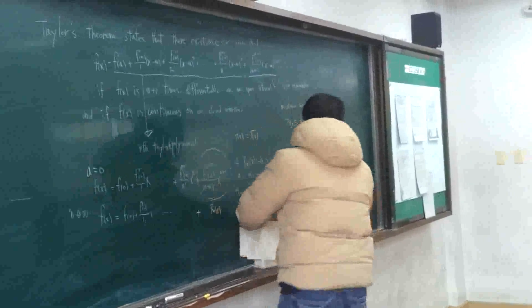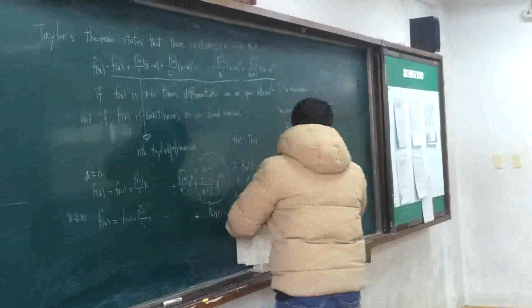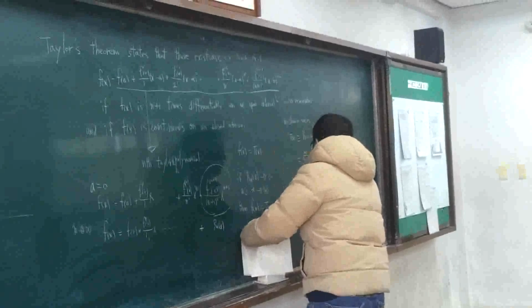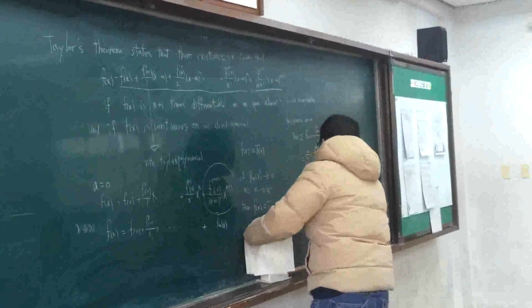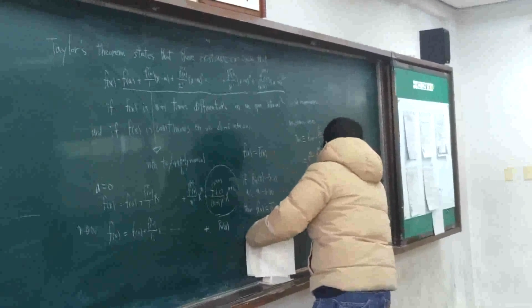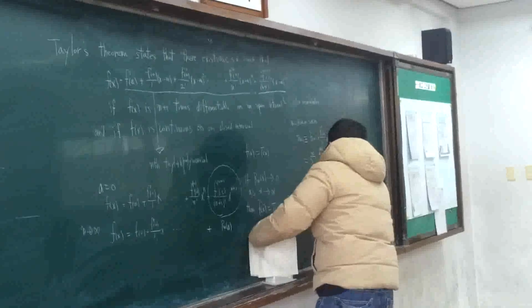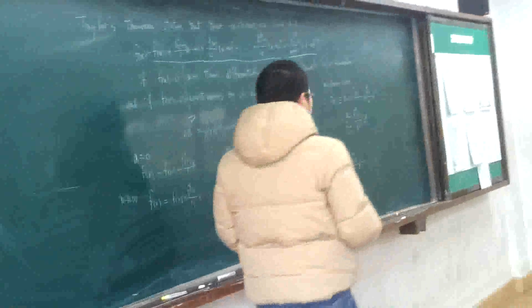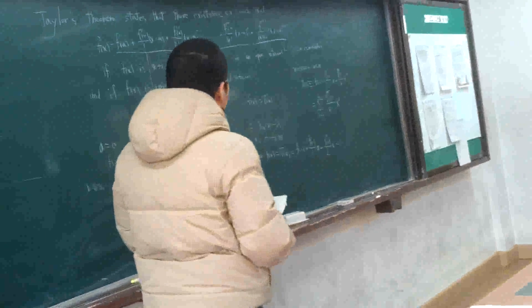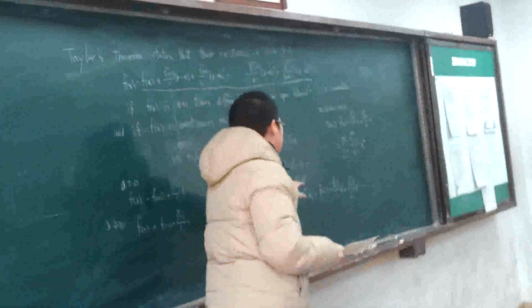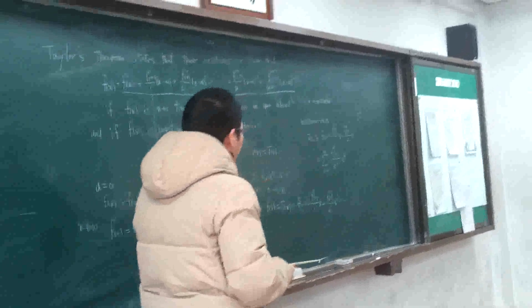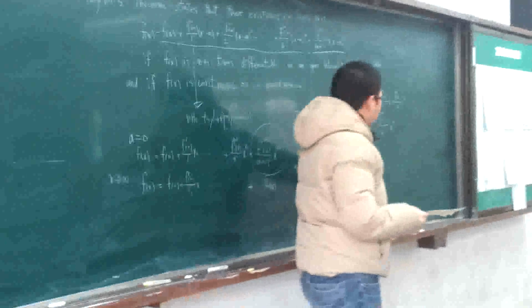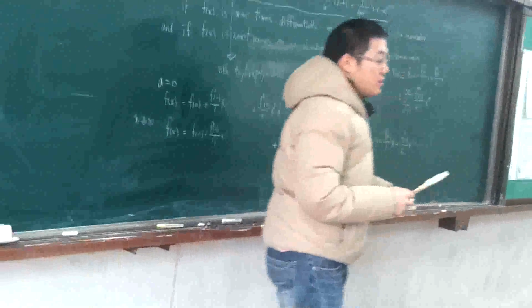So f(x) equals the Maclaurin series. If the remainder term goes to 0, then we can say f equals the Maclaurin series. Any questions?